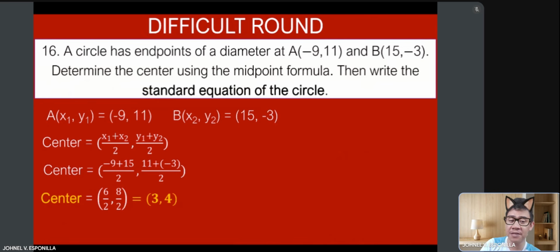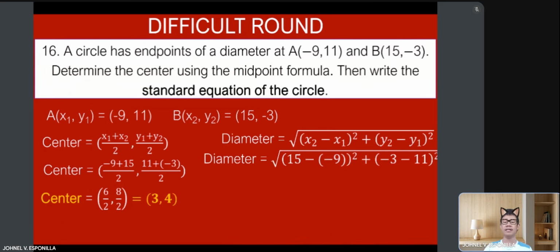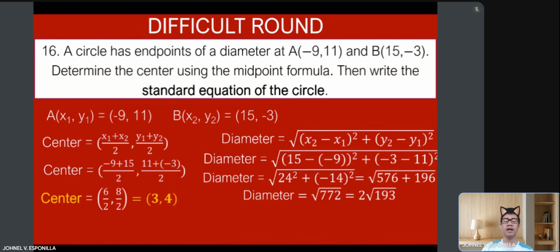To get the standard equation, we need to find the length and the radius. Before finding the radius, let's first find the diameter using the distance formula. Substitution, simplify. Now, the diameter is 2 square root of 193. So our radius is square root of 193.